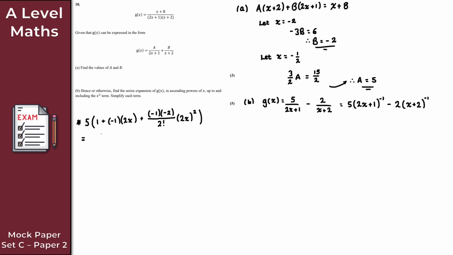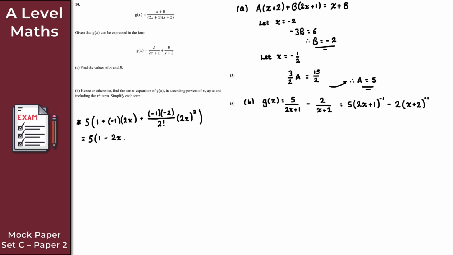So what do we get then? Before I do 5 times anything here, let me just clean up everything inside this bracket. So I get 5 bracket 1. I've then got minus 1 times 2x, that's minus 2x. I've then got minus 1 times minus 2, so that's 2 over 2 factorial, which is also 1. So I've got 1 here times 2x all squared, so that's plus 4x squared there.